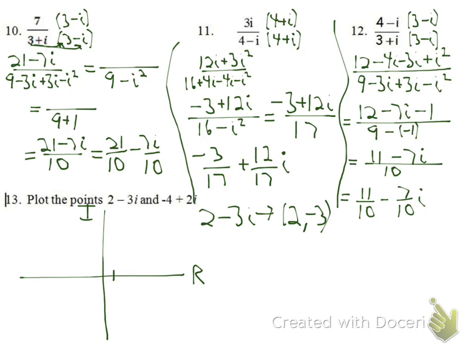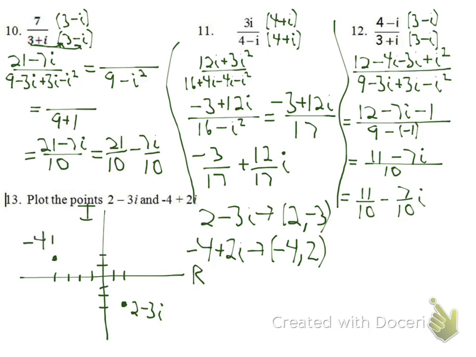So we go over 2, down 3. This is 2 minus 3i. So negative 4 plus 2i would follow that same thought and becomes negative 4, 2. So we'd go 4 to the left, 2 up, and that would be negative 4 plus 2i.